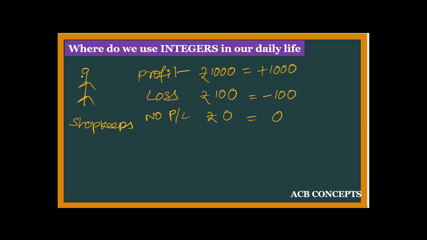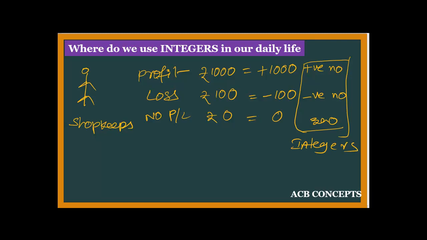Plus 1000 is a positive number, this is a negative number, this is 0. Positive numbers, negative numbers and 0 are called integers.